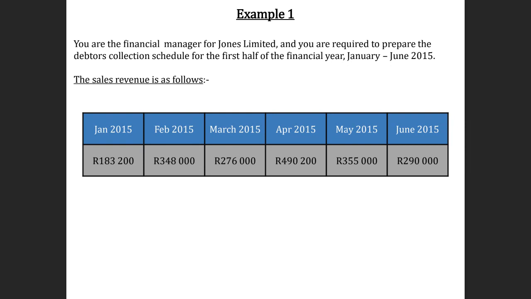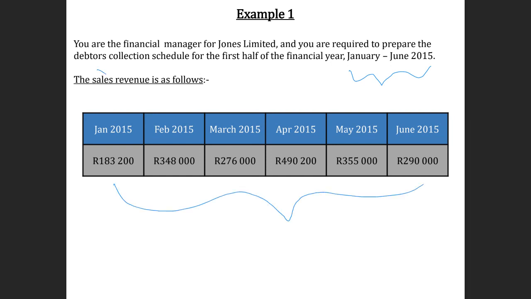So this example says you are the financial manager for Jones Limited, and you are required to prepare the debtors collection schedule for the first half of the financial year. They asked you to draw it up for the months of January through to June 2015. Then they gave you the sales revenue figure in total.